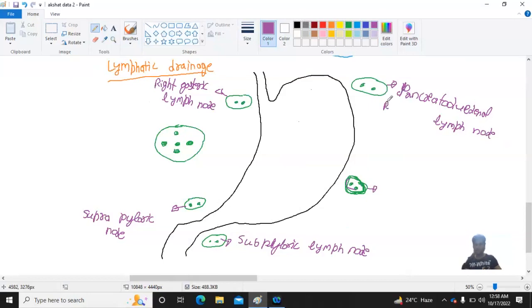These are the right and left. These are the right pancreaticoduodenal, duodenal nodes. So these are some nodes.